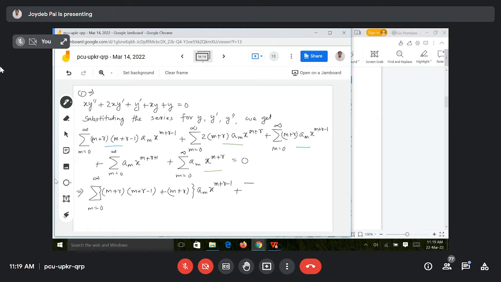Plus the sum from m equals 0 to infinity of (2 into (m plus r) plus 1), whole bracket, a_m x to the power m plus r, right?